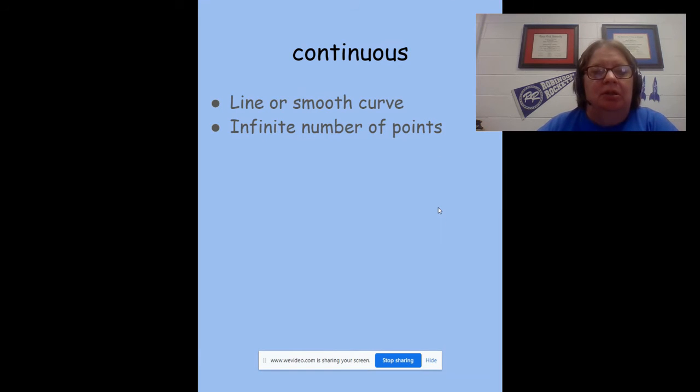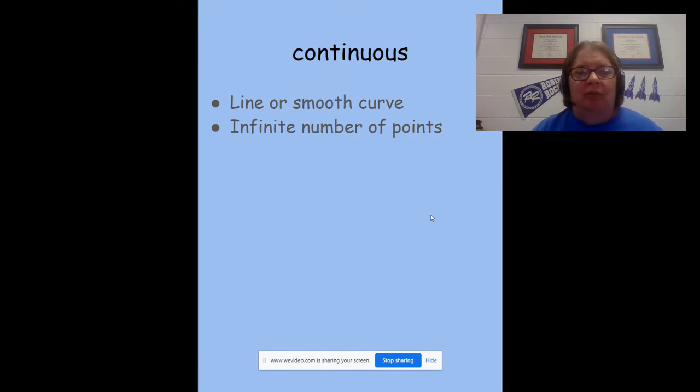Continuous, this graph is going to show a line or a smooth curve because your points can be connected. You cannot count the number of points because everything is connected. This would describe things like time, height, weight, speed, distance, temperature, anything that can be described with fractions or decimals.